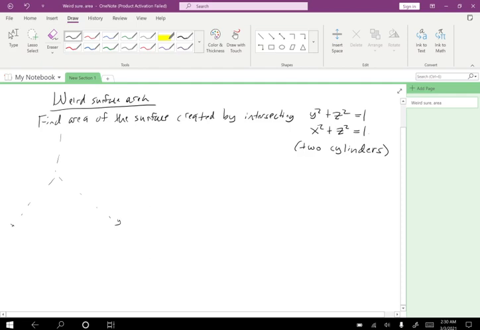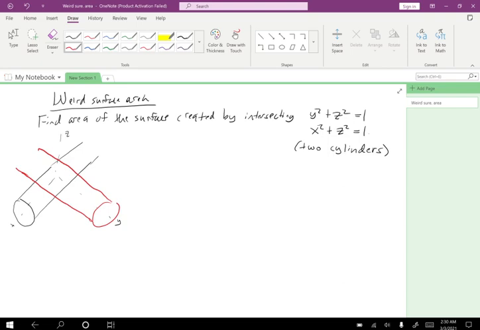And it's actually very hard to draw what's going on here. So we have one cylinder that extends in the x direction. So that's okay, but as soon as you try to draw that y cylinder, now things start to get a little bit cluttered. And it's not as clear what's going on.